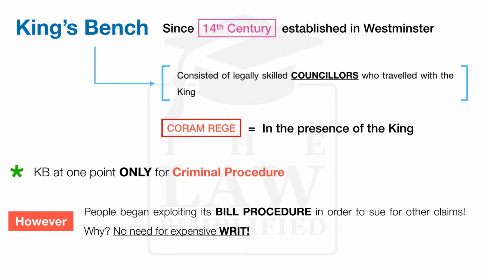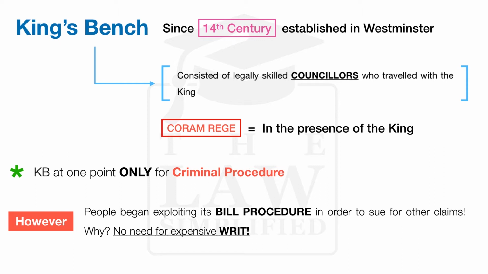On the one hand, the Court of Exchequer was primarily tasked with collection and disputes in relation to a debt owed to the crown or to the king, whereas conversely, the Court of the Common Pleas was primarily tasked with disputes between individuals.